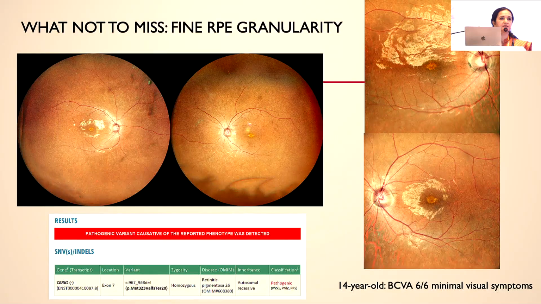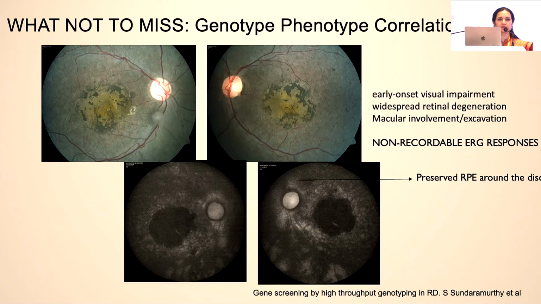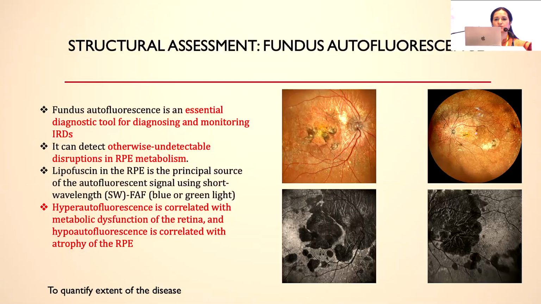Not to miss is this fine RPE granularity in a child with an otherwise normal fundus without pigmentation. Pigmentation takes a while to come, but if you see this kind of fine RPE granularity, I did ask for genetic testing, and this again was a CRB1 mutation, which seems to be the common mutation for retinitis pigmentosa. Macular colobomatous kind of condition is seen with RDH12.